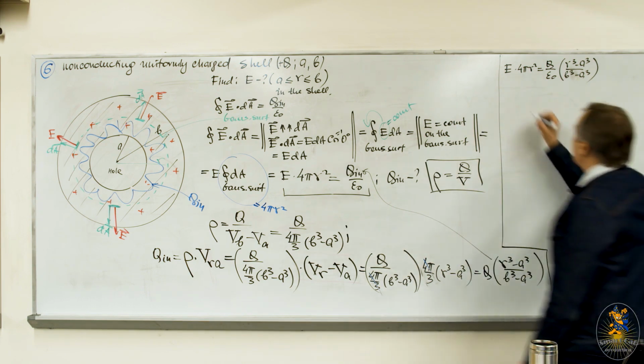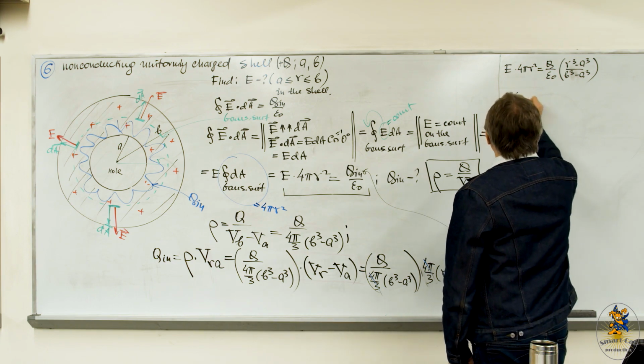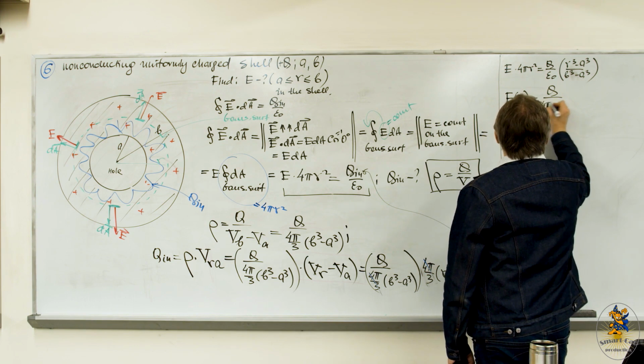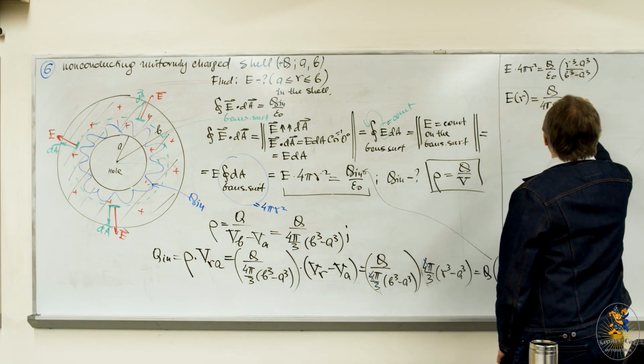Almost done. So E as a function of r is Q divided by 4 pi epsilon naught, r squared.